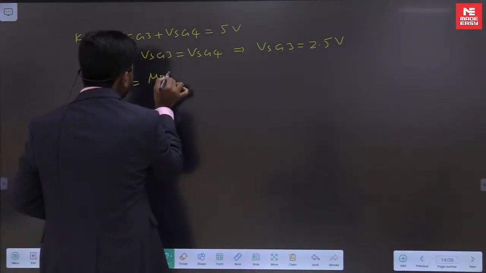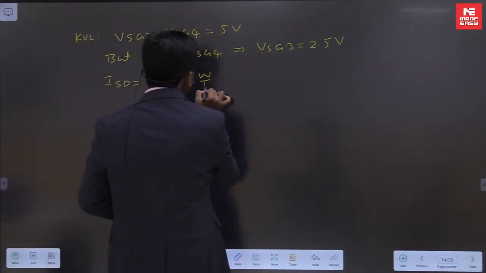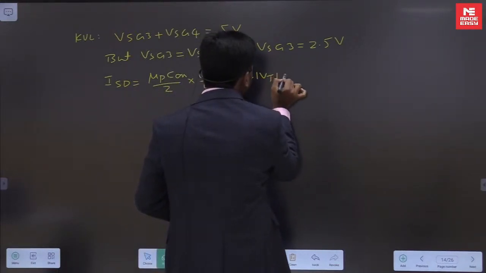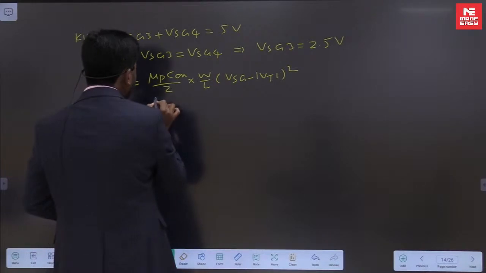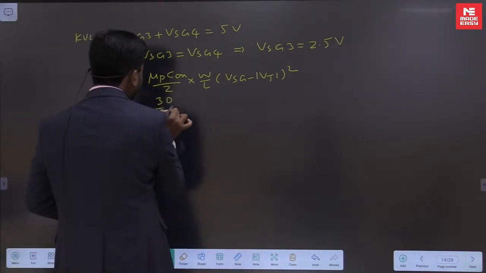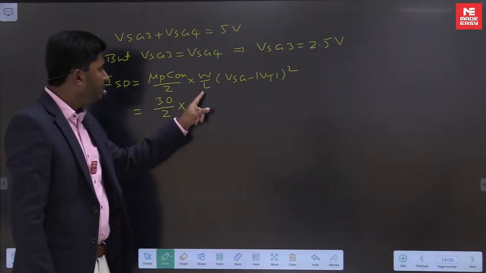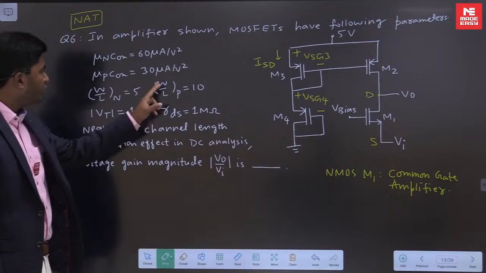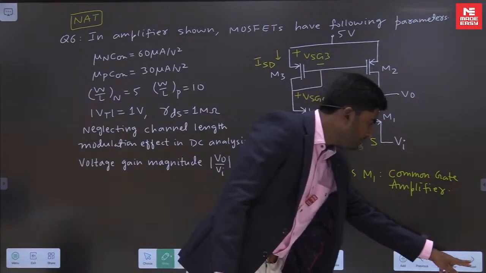It will be mu P into COX by 2 into W by L into (VSG minus mod VT) whole square. This parameter will be 30 divided by 2, and W by L for PMOS, if you look at the question, is given as 10. You can substitute that.